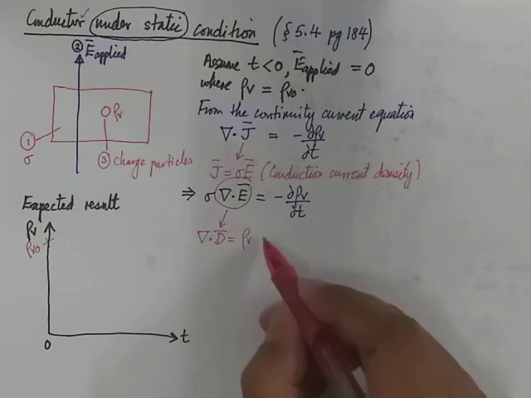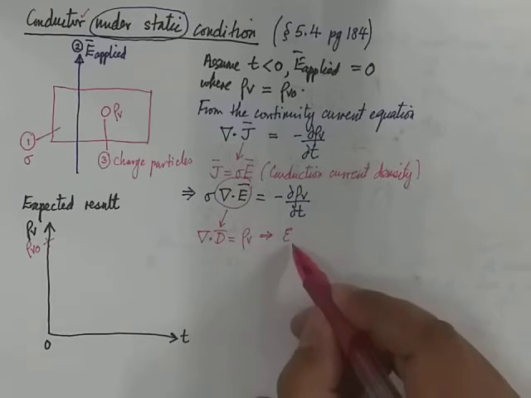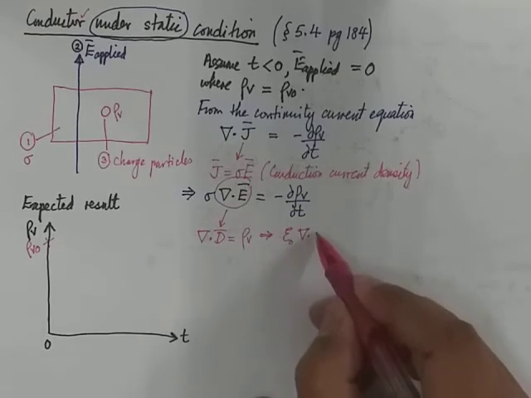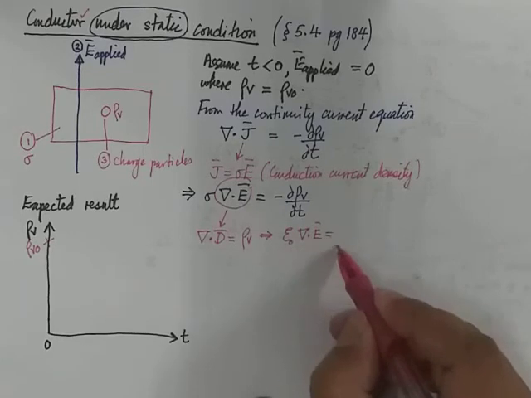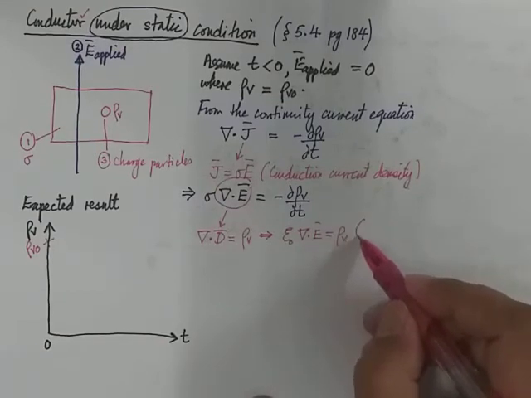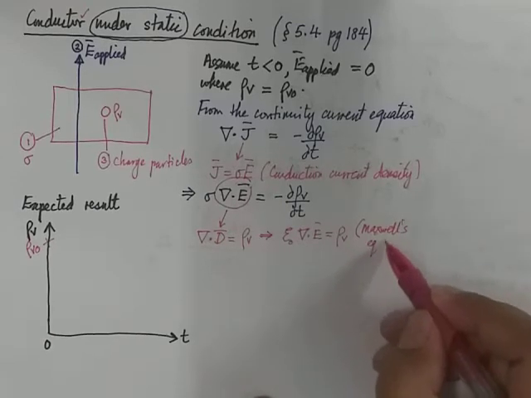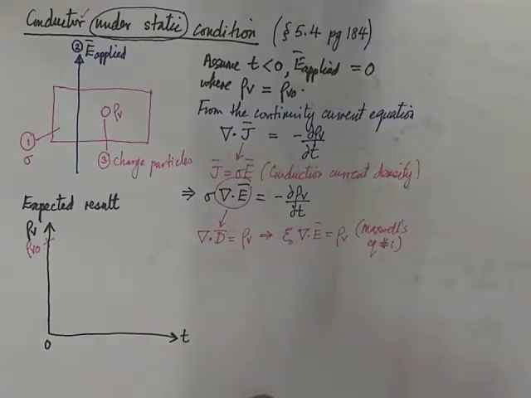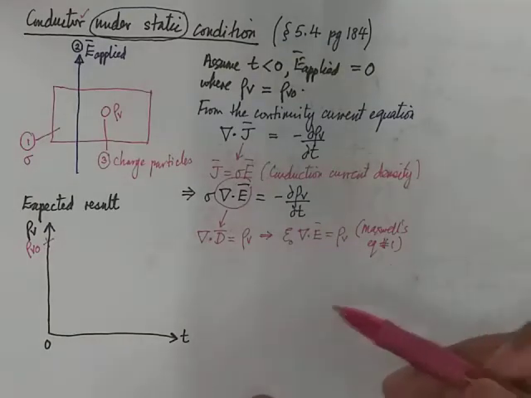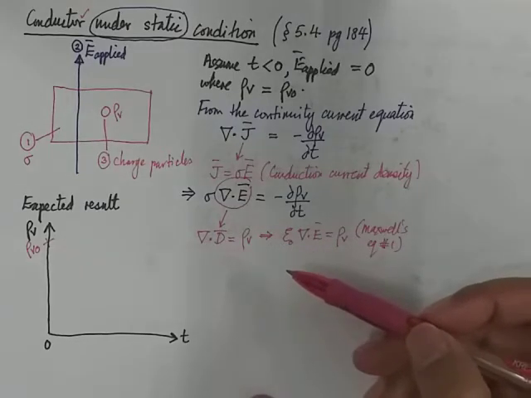And then we assume, okay, divergence, so we can take out the epsilon naught: epsilon naught divergence of E equal to rho v. Anyone recall the name of this equation? Good. We call this Maxwell equation number 1, and the medium of interest here is conductor. Where in a conductor, the permittivity can be assumed to be epsilon naught. So it's quite similar to the value of permittivity of free space. That's a unique behavior of conductor.